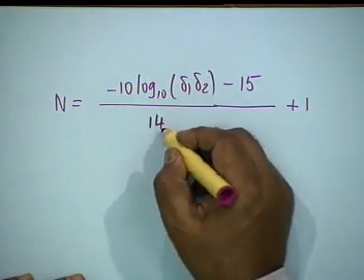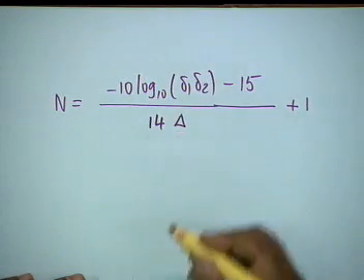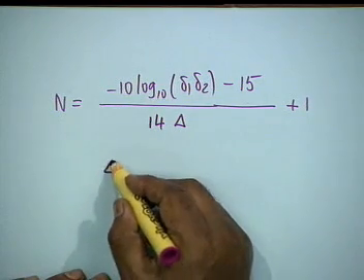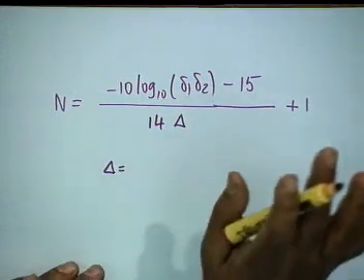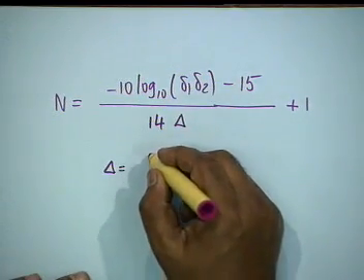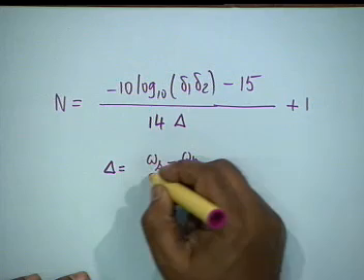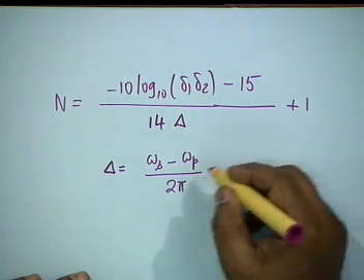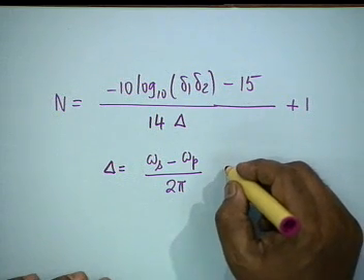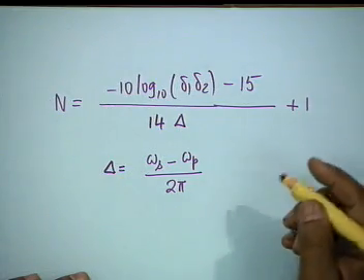Now they used a quantity delta, where in our notation delta is omega s, the stop band edge, minus omega p, the pass band edge, divided by 2 pi. In other words, what they used was the actual frequency difference, the bandwidth.